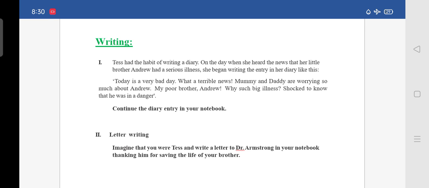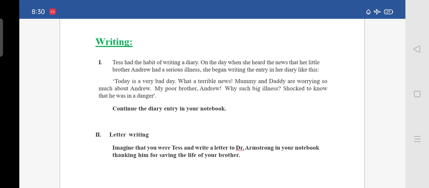What she has written, we will see. Today is a very bad day. What terrible news. Mummy and Daddy are worrying so much about Andrew. My poor brother Andrew. Why such a big illness? Shocked to know that he was in danger.